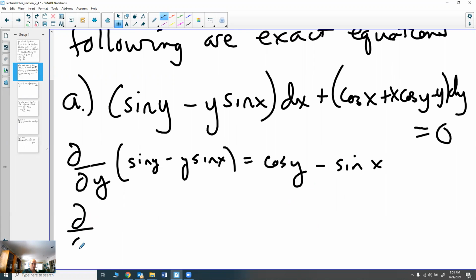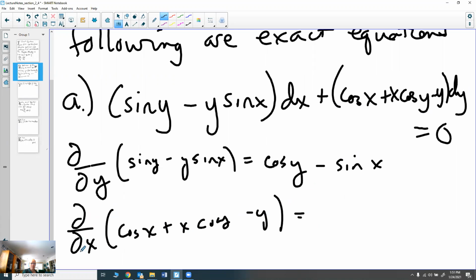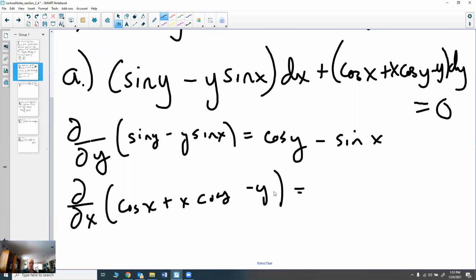Now we're going to take the partial derivative with respect to x of N, which is the one attached to the dy. So cos x plus x cos y minus y. Again, that means x is my variable and everything else is a constant. So the derivative of cos x is minus sin x.